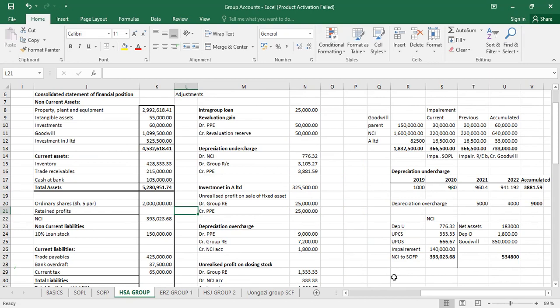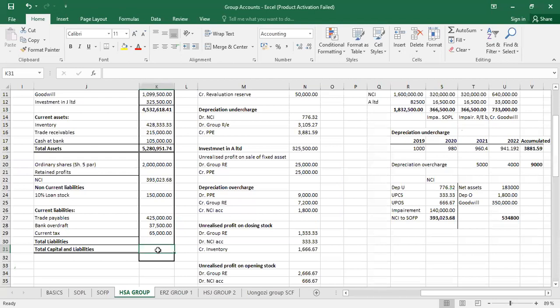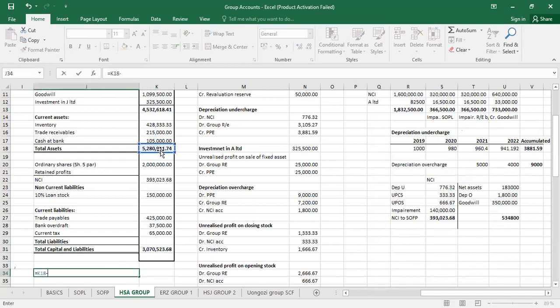Then I also find the sum here, so equal sum, then I select everything from current up to there, control enter, control bold. So we have some difference here: this one minus this one, which will be displayed as retained profits. For example purposes, you can just reflect it directly.